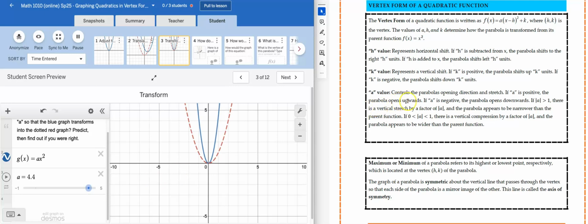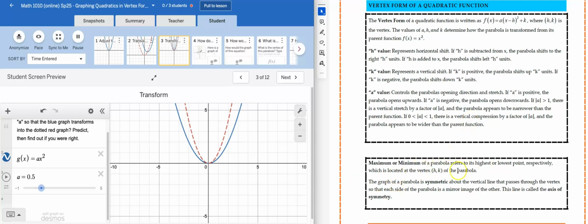And it gets wider when it's between 0 and 1, like we were showing over here. So that's just what this stuff in the box means. Make sure you write down things that are going to help you, in your own words, so that you understand what each of those things are doing.